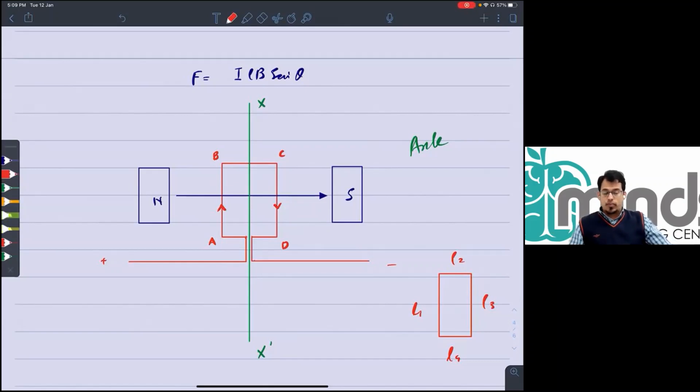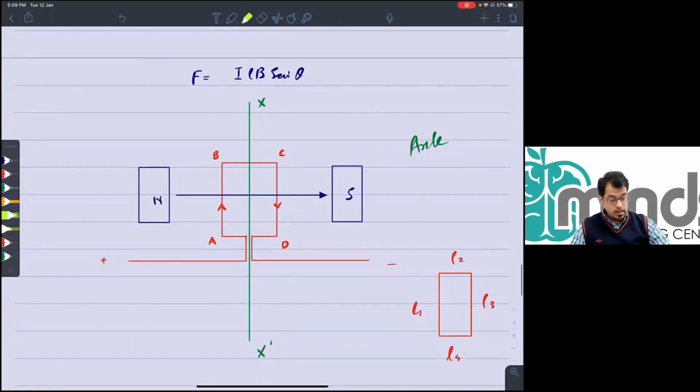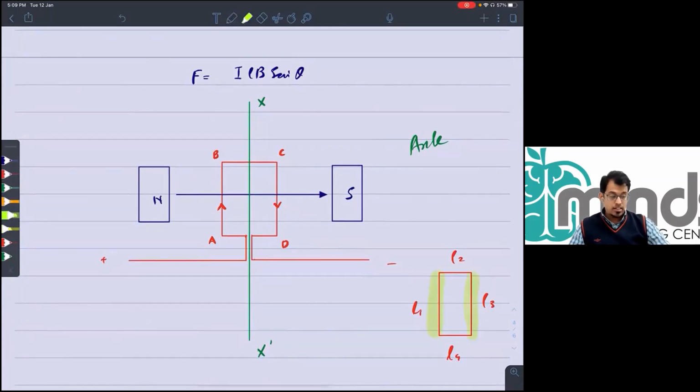Because they are perpendicular to the field and force will become maximum. But if we look at BC and AD, they are actually parallel to the field. And whenever a conductor is parallel to the field, there won't be any force. So we can say there will be force on side AB, this one, and side CD, this one.